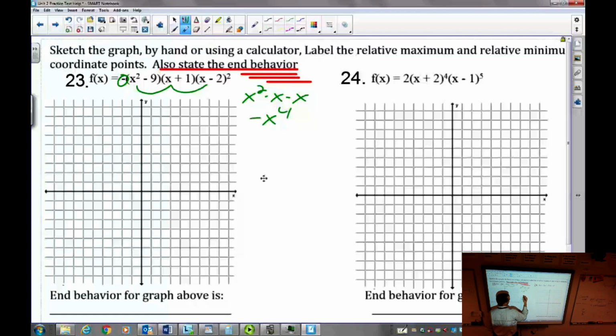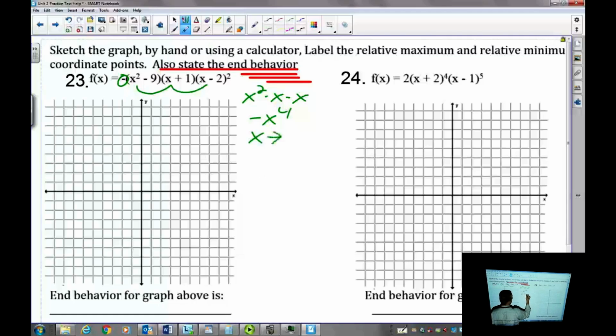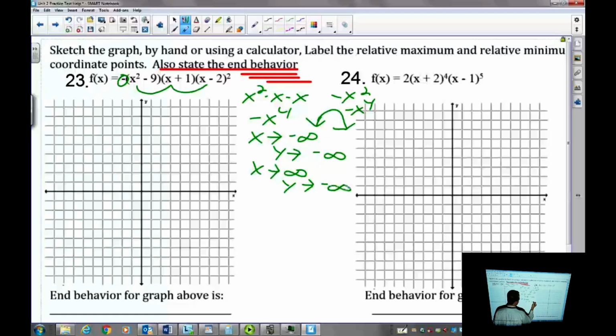So what is the end behavior? As x goes to the left, y goes to negative infinity, because it's going to go downward, isn't it? Just like negative x squared, or negative x to the fourth power, it goes downward. So as x goes to the right, y also goes downward. Cool. So there's the end behavior.